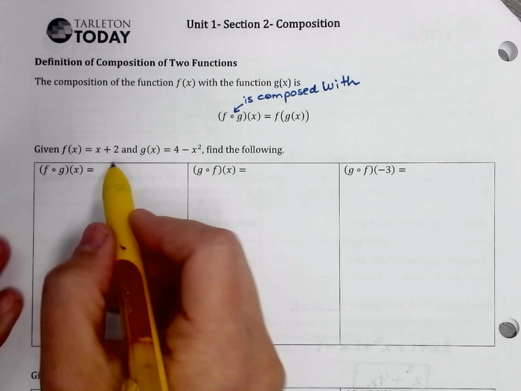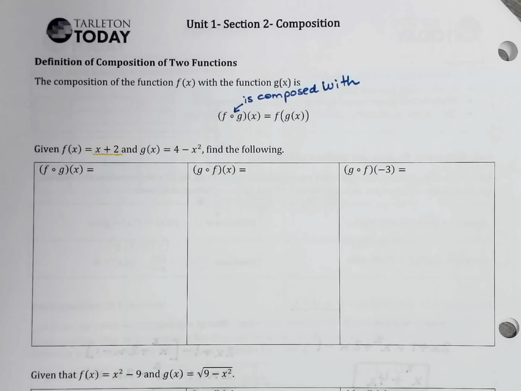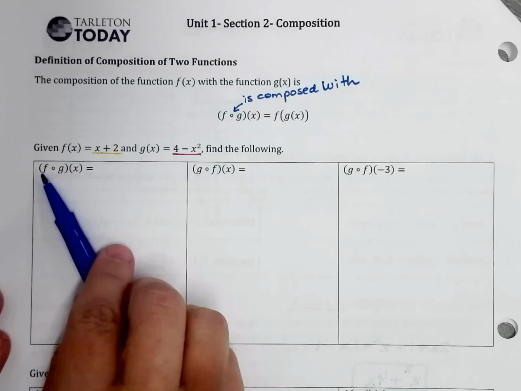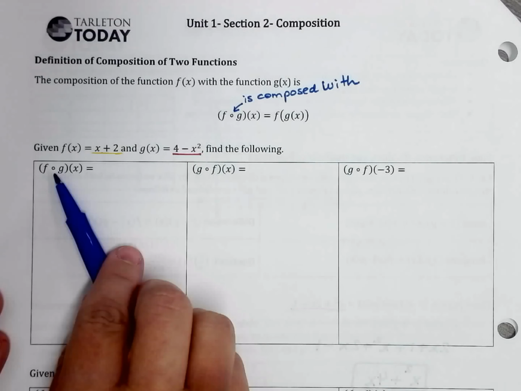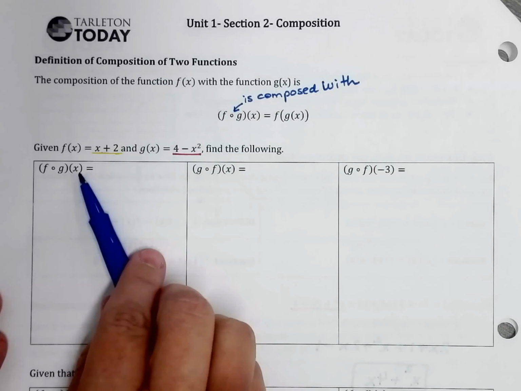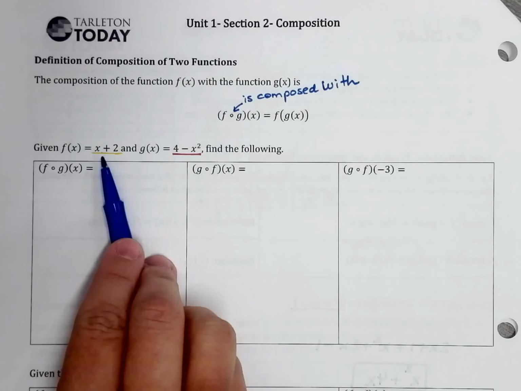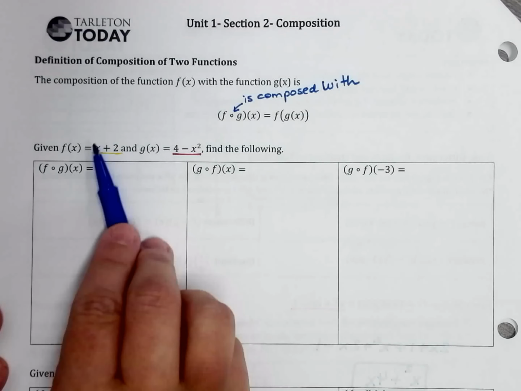We still have two functions, F of X and G of X. So we need to find what is F when F is composed with G of X. What does that mean? You're going to start with the F of X. You're going to start with this yellow function.